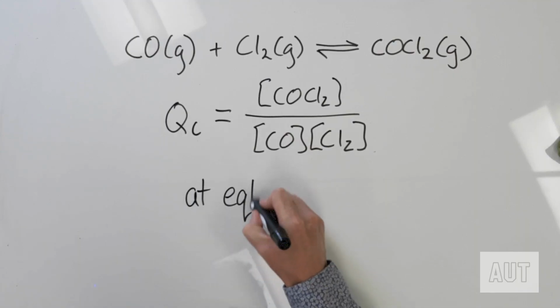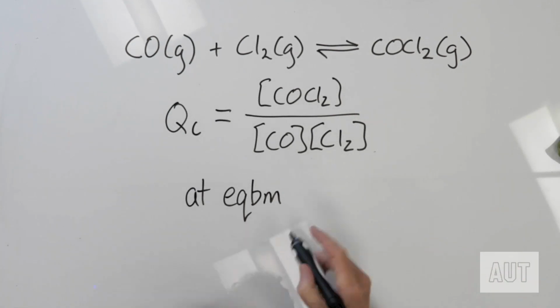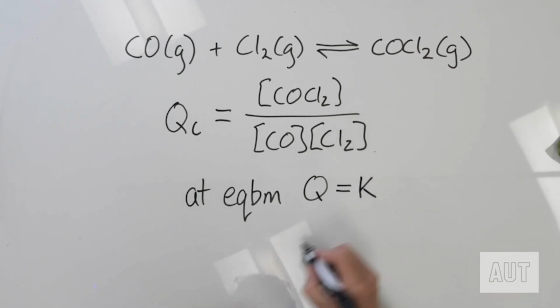The important point is that at equilibrium, Q is equal to K. That's really important. So when the value of the reaction quotient is equal to the value of the equilibrium constant, we are at equilibrium, and the equilibrium position is not going to change.